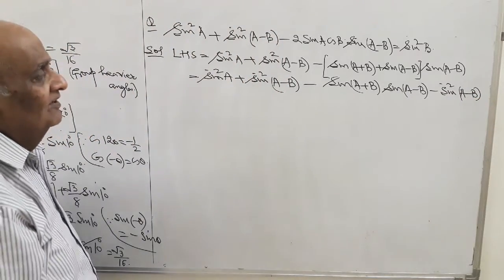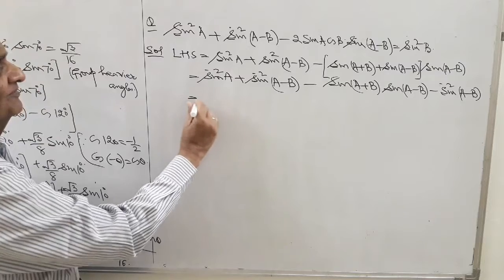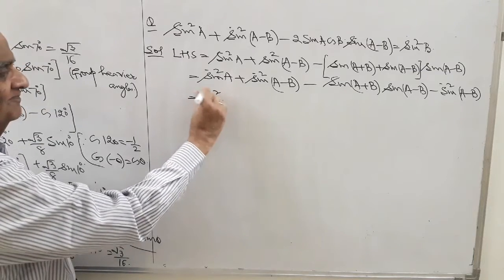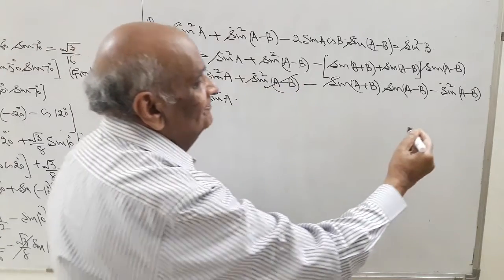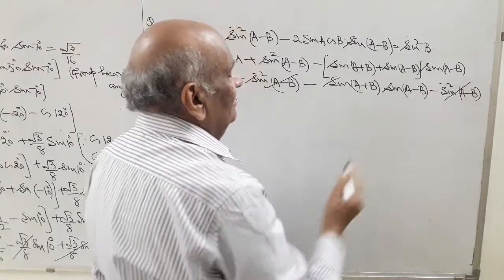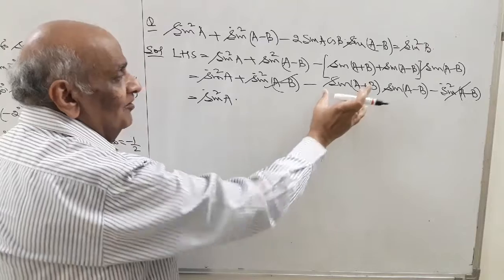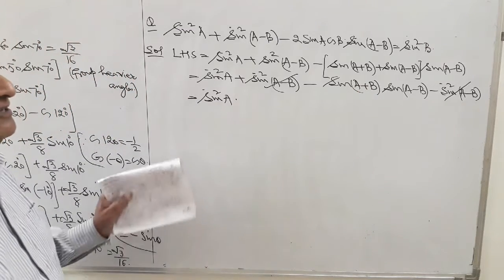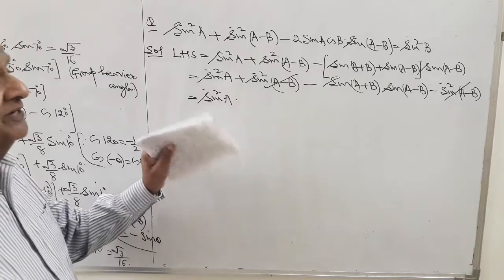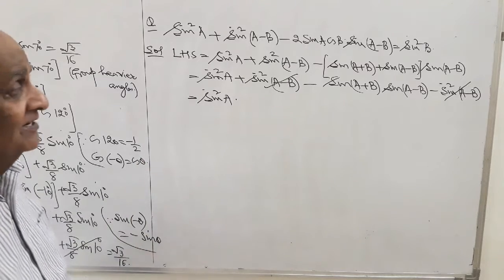Now see, it is sine square of A. Sine square of A minus B will cancel out, and here you can take help of sine A plus B, sine A minus B. That is the formula from our previous topic of addition and subtraction.